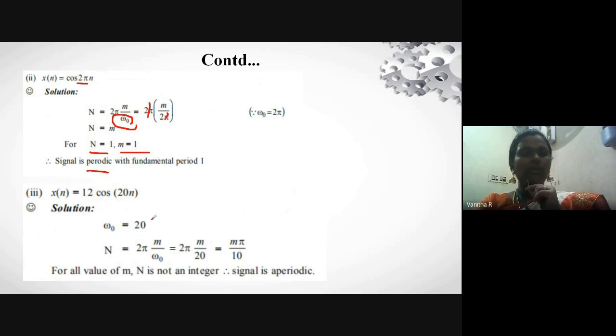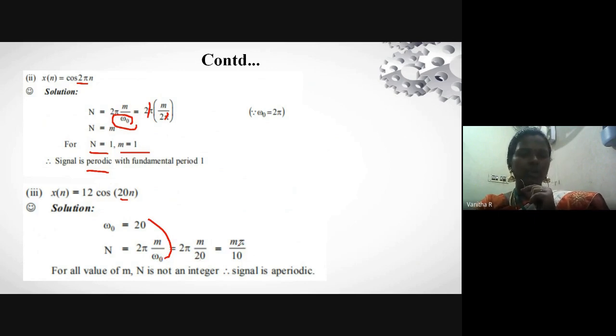Now I'm going to show one more problem to see how to find the aperiodic signal. Let's see, x of n is equal to 12 cos of 20n. This is the third question we have. In this question, 20 is omega naught. This omega naught has to be substituted in your n expression, that is 2 pi m by omega naught. In the place of omega naught, I'm going to substitute 20.